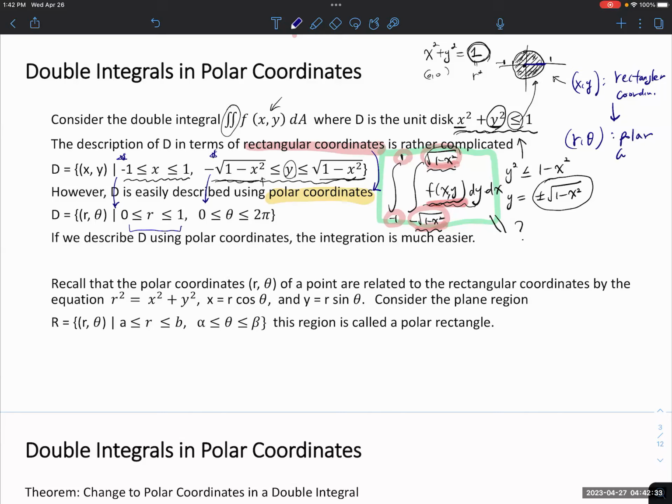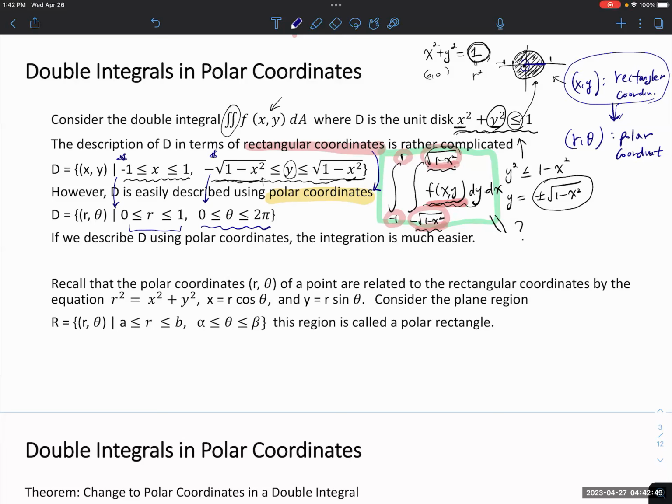Do you remember that? So we're going to convert whatever the rectangular coordinate to polar coordinate. Then this theta is going to be 0 to 360 degrees, which is 2 pi.